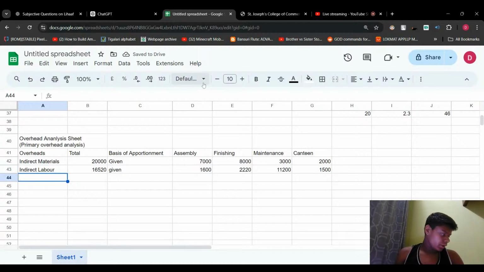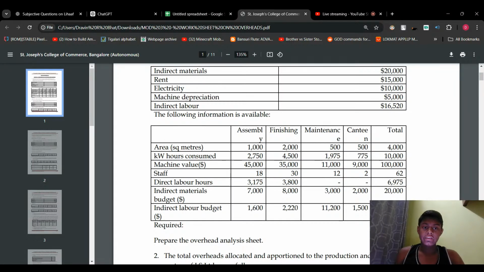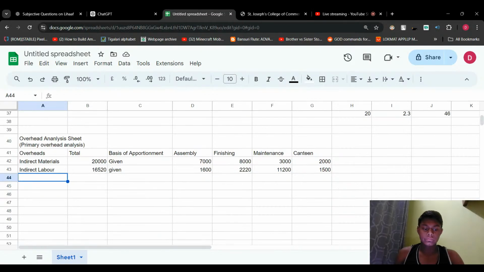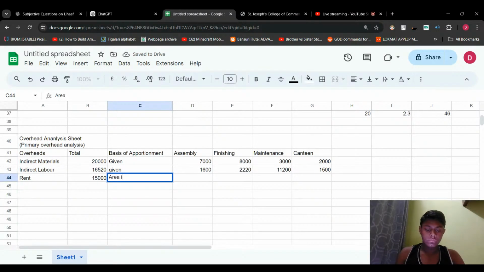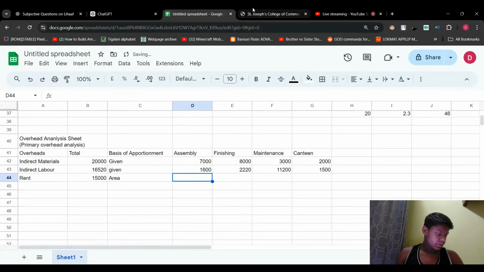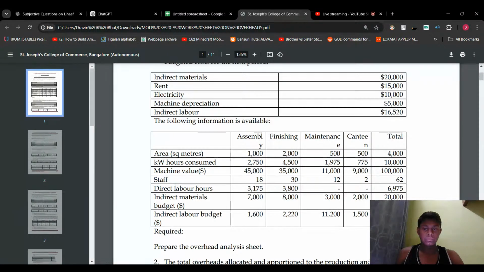Next would be rent. Rent is given over here as 15,000. The basis of apportionment would be area. The way I came up with this number is 1,000 divided by 4,000, which is 1 by 4 of 15,000.